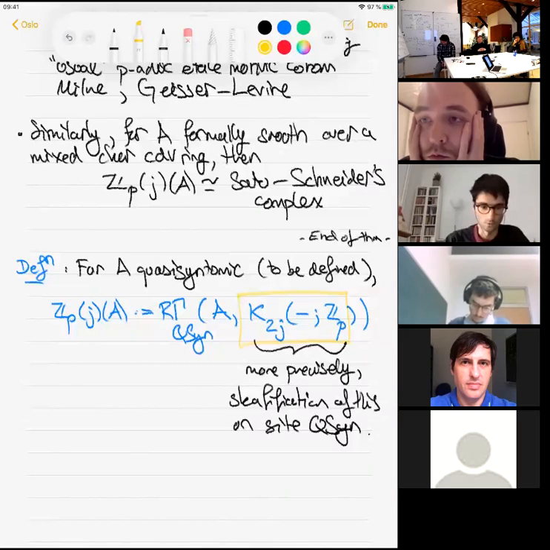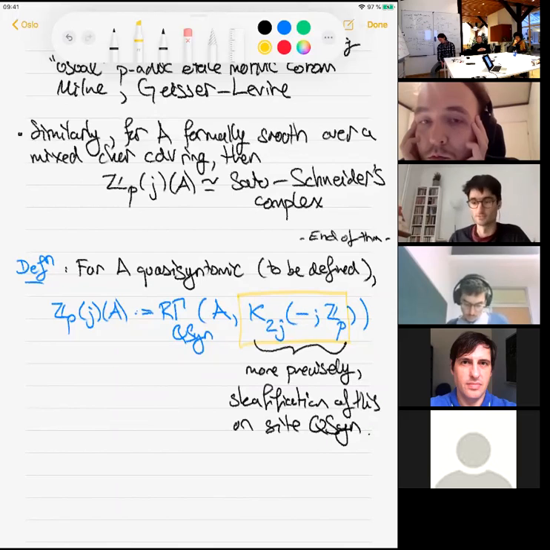And once we have a sufficiently good understanding of them, we will define this theory of p-adic motivic cohomology as a sort of generalized syntomic cohomology by taking the cohomology of this sheaf on a quasi-syntomic site to be defined.